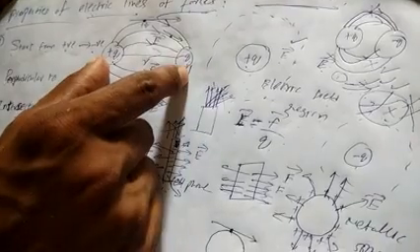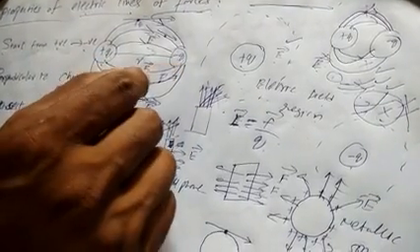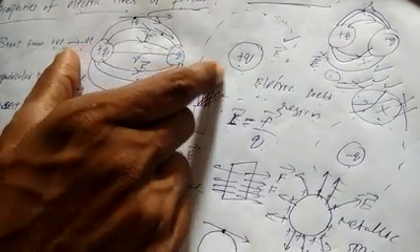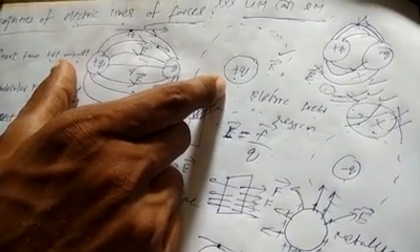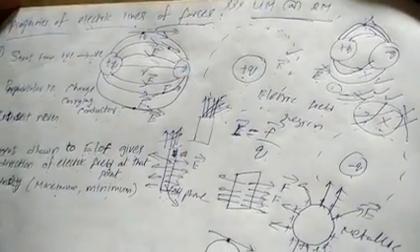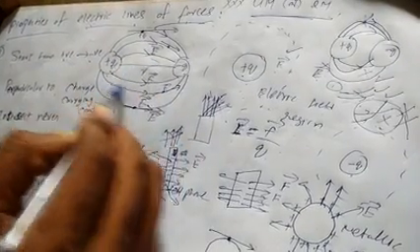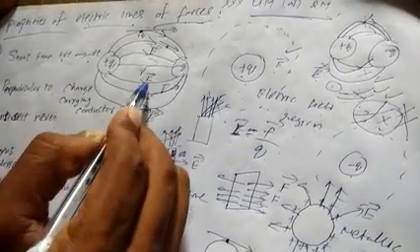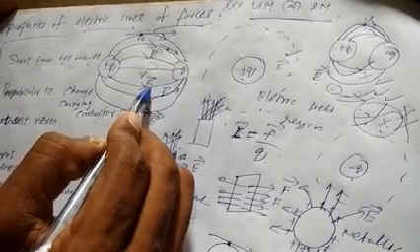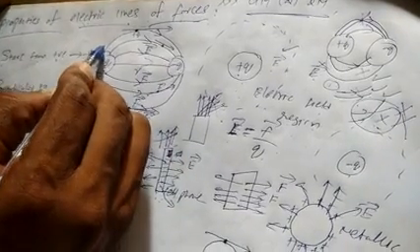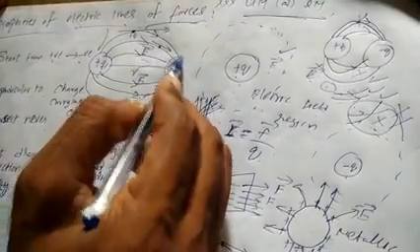When they are closer, they are maximum. When they are moving far away, they are minimum. If you take a small region like this, the maximum electric lines of forces are present. If you take this point, the electric field lines are minimum.